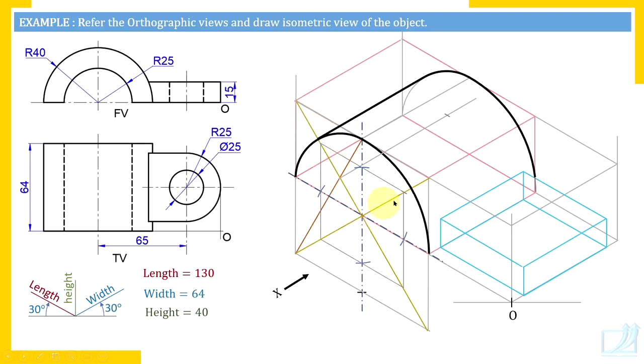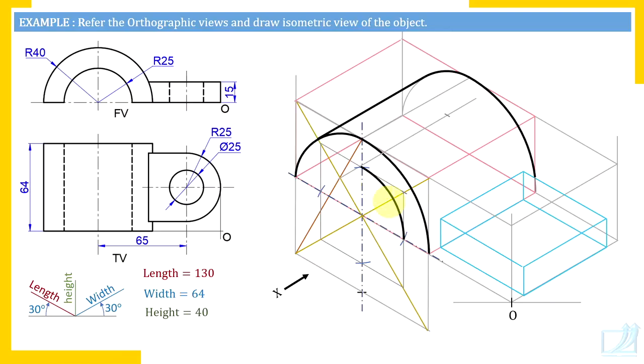And the shorter diagonal. Now you know that for a complete isocircle, the ends of the shorter diagonal are the two centers. And when you join one end of the shorter diagonal with the midpoint of opposite edges, so this end we can join with the midpoint of the opposite edge here and also with the midpoint of the opposite edge here. But since we are not interested in drawing the entire isocircle, we just want to draw a semicircle.